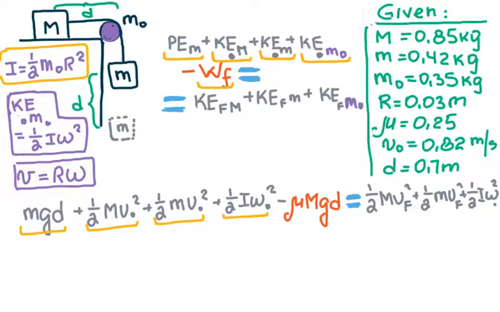Then on the other side, I have kinetic energy final for the mass m that is sliding, kinetic energy final for the mass that is falling down, and the kinetic energy of the pulley that is rotating. So before, we didn't have to think about the pulleys, because every single time we had a pulley problem, it would say it is massless.